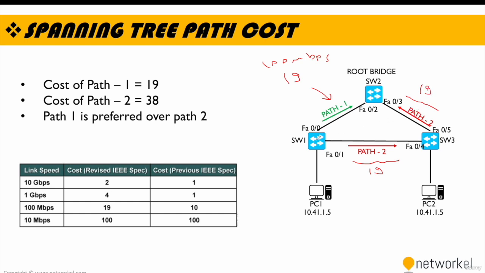So when I'm trying to reach the root bridge, I have my path from switch 1, of course. I have my path 1 and path 2 options, and path 1 has a cost of 19, path 2 has a cost of 38. So lower cost 19 indicates a faster connection. So path 1 is preferred over path 2.